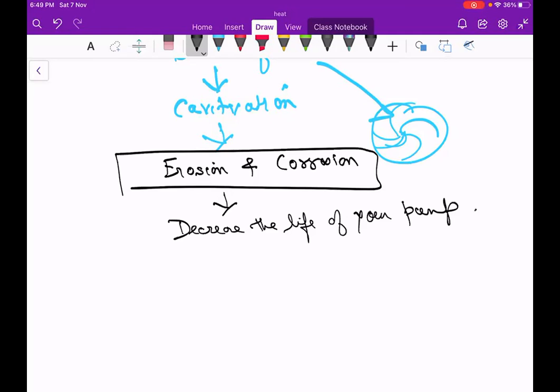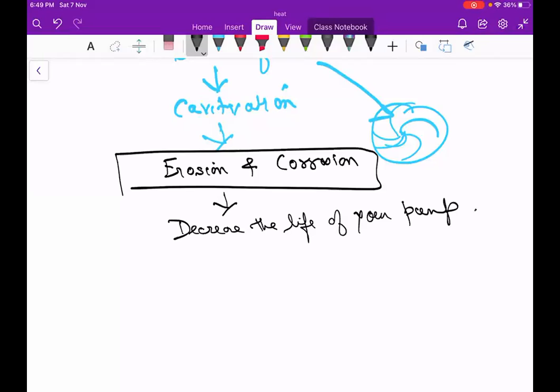Sometimes you put on your pump, still the water is not coming at the outlet, because at that time the suction pressure is less than the vapor pressure. Please write that down.